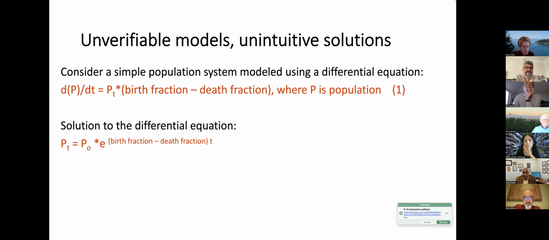Now, I often use a simple differential equation in my teaching to illustrate the problems that Forrester alluded to when you had conversations with him about why he wants to replace differential equations. Basically, my take on this is that he felt that differential equations are not verifiable.